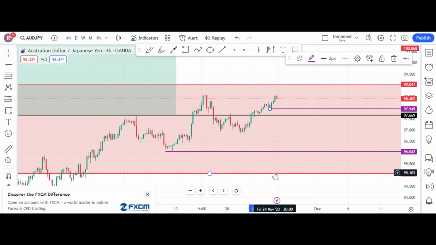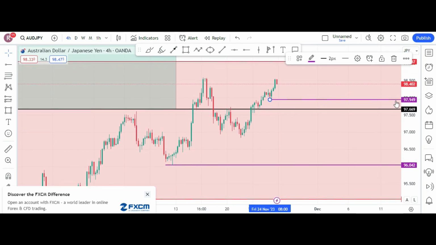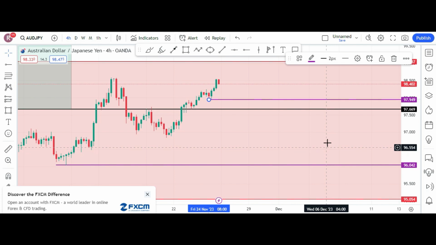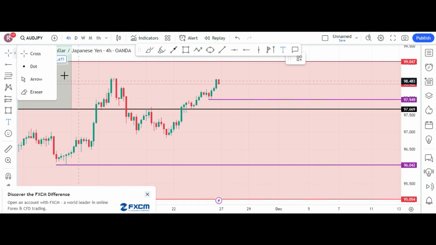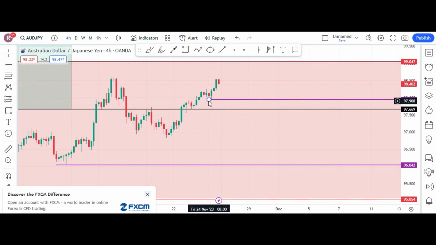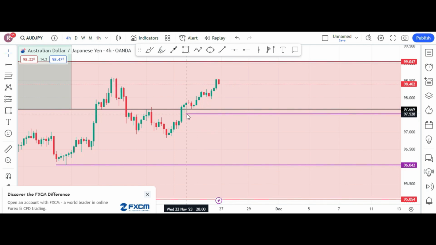If for any reason I want to take the trade, how will I do it? Let's put it in context. I will take the trade somewhere, to be honest with you, here. I'll put a limit order for long here somewhere.